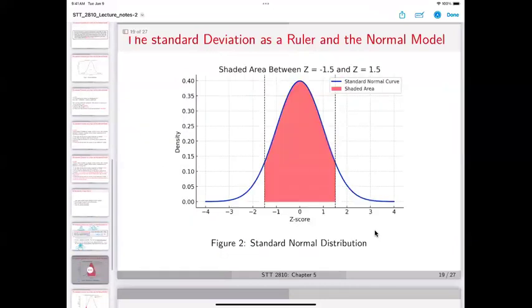Here we can see that the z value is negative 1.5 and the other z value is 1.5. This shaded area in pink is the area between negative 1.5 and 1.5. Is that okay?